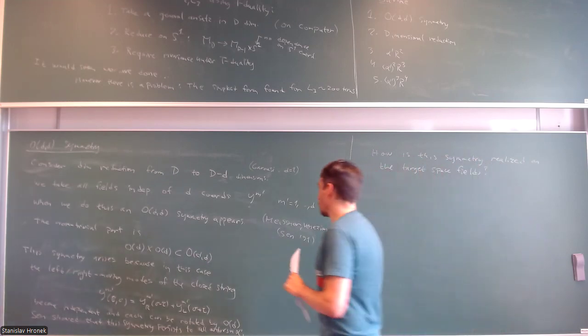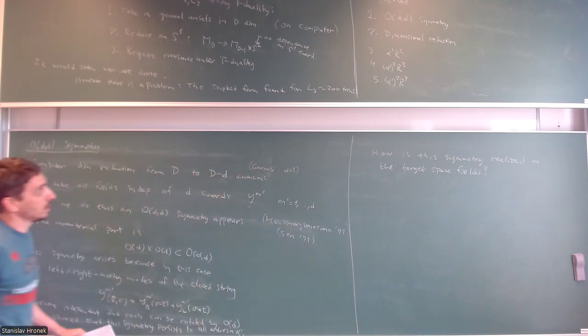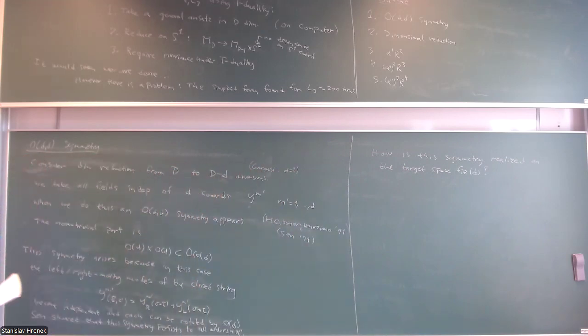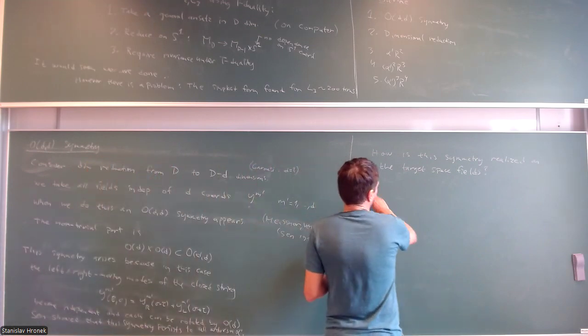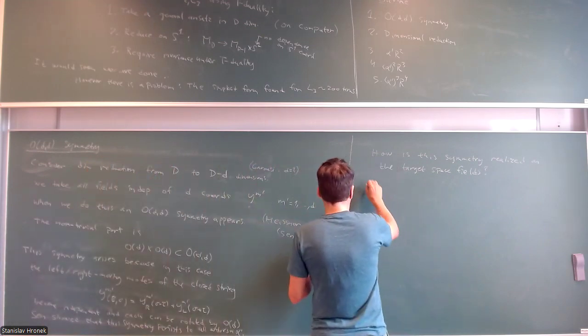We want to be able to use this symmetry to constrain the effective action, so we have to look at what happens to these fields in dimensional reduction.